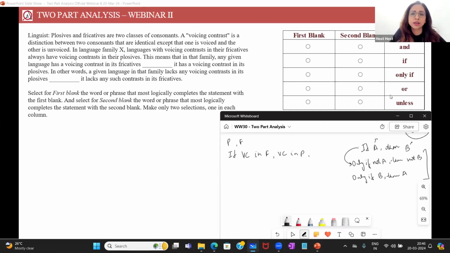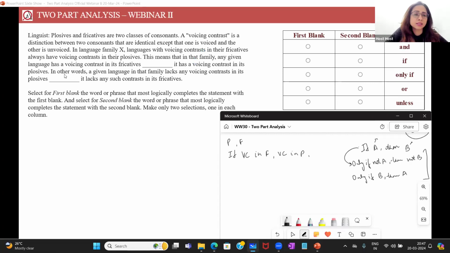So basically conditionals, right? There's an if and only if and unless, and if I have a statement like if A then B, then it's not that A and B. But essentially, I'm dealing with conditionals. And if I'm not very sure when I read this statement, when I read these options, then I know that I'm dealing with conditionals.